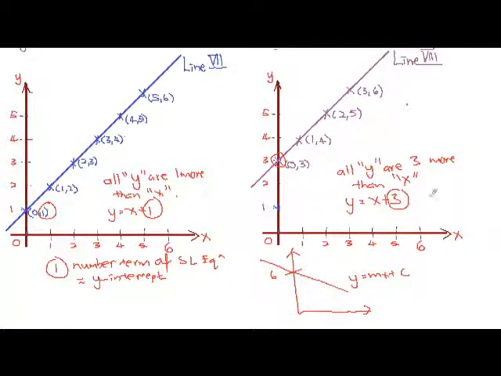From the two examples given above, we know that c refers to the y-intercept, and the y-intercept refers to the value here, which is 6, and thus we can conclude that c is equals to 6 in this example.